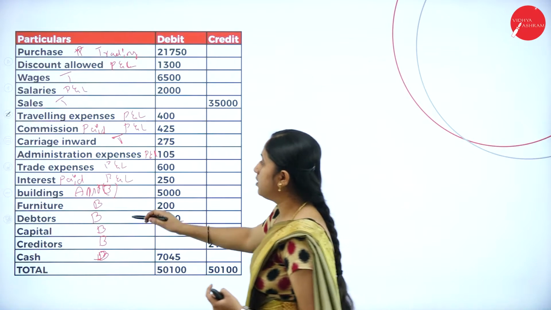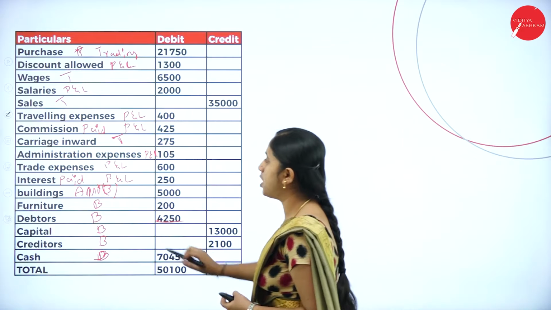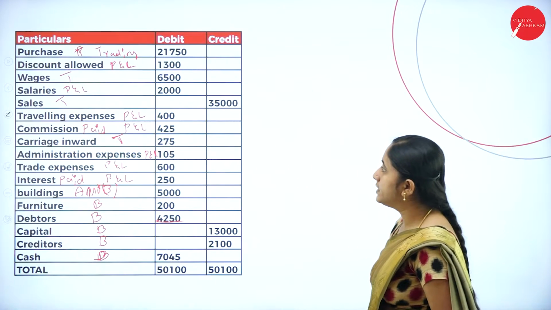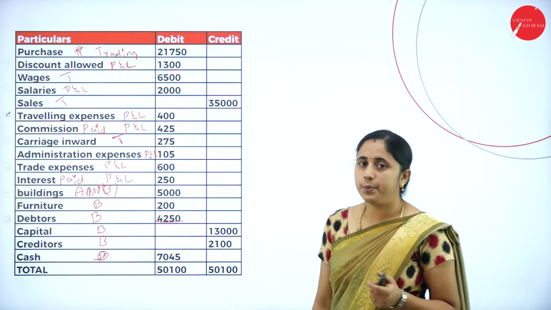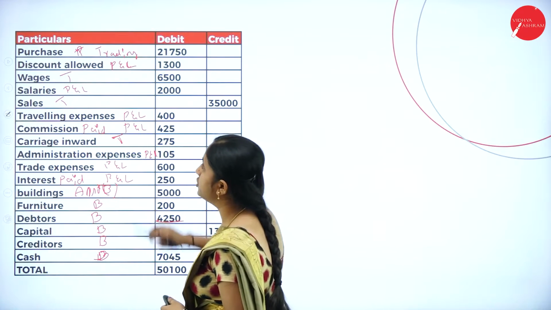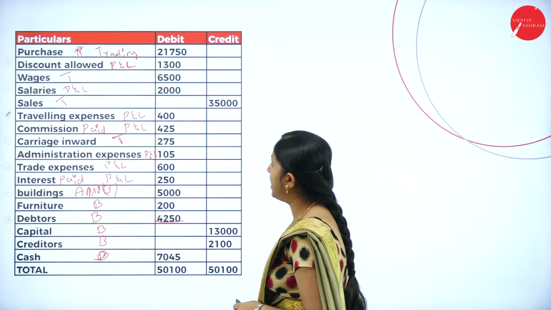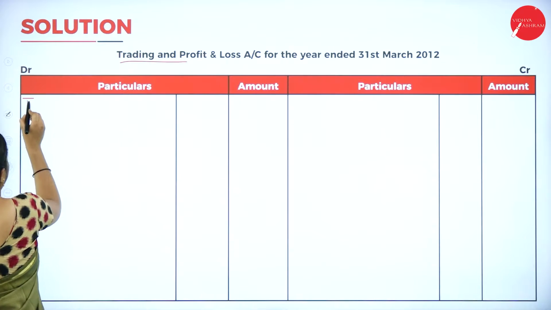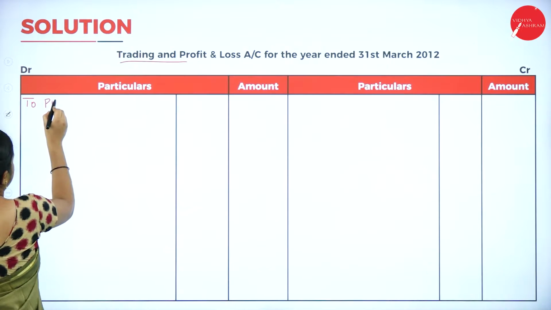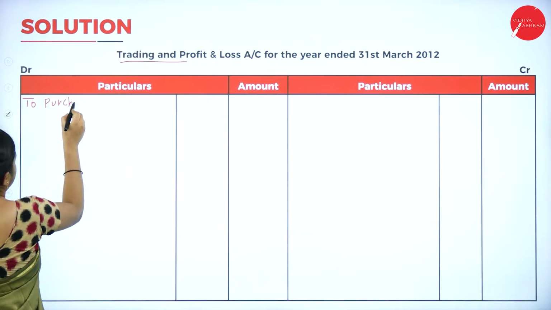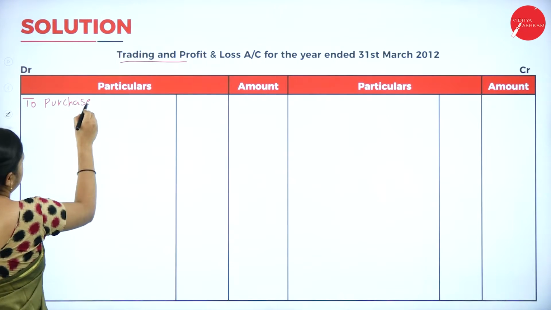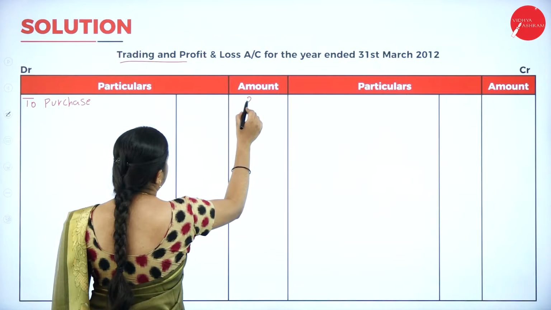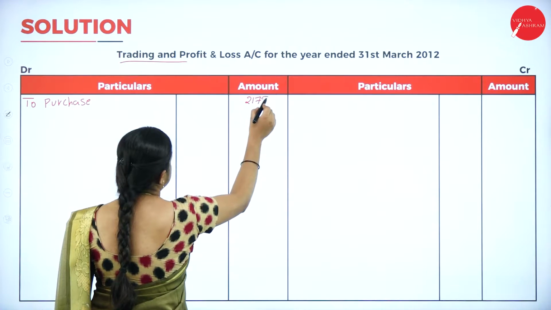First identify opening stock. In this problem, we don't have opening stock, so just leave the opening stock, then start with purchase. To purchase 21,750.